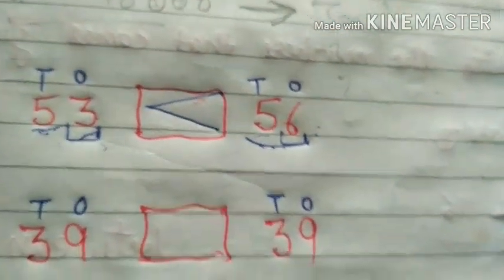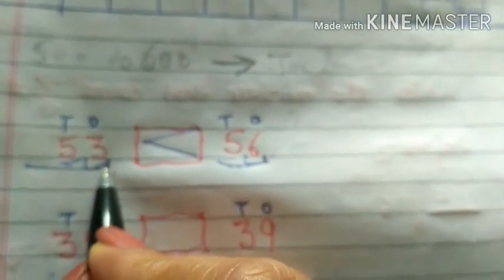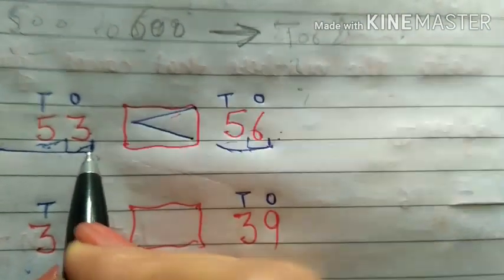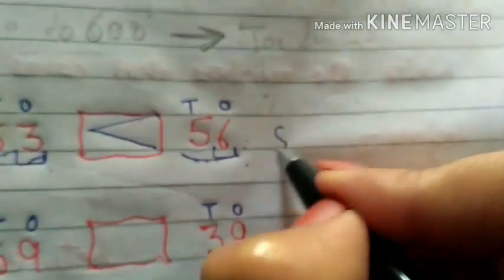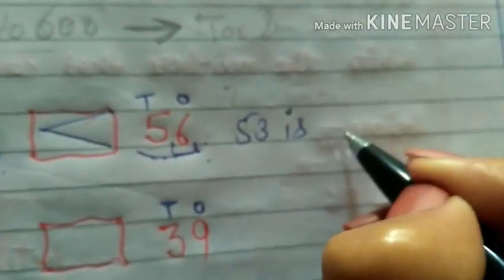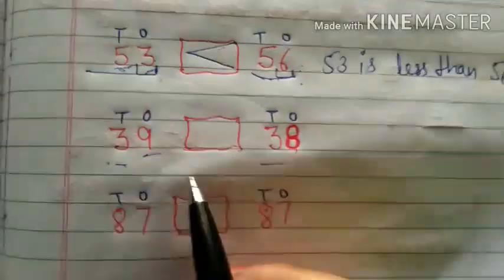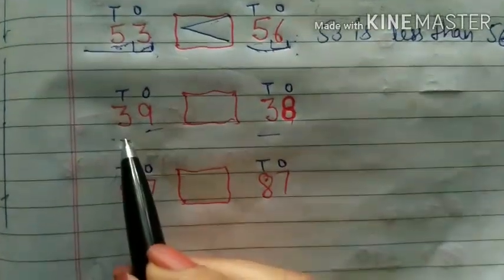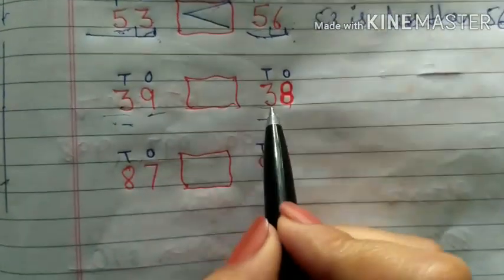Now how will we read this? 53 is less than 56. Again we have the same numbers at the tens place.